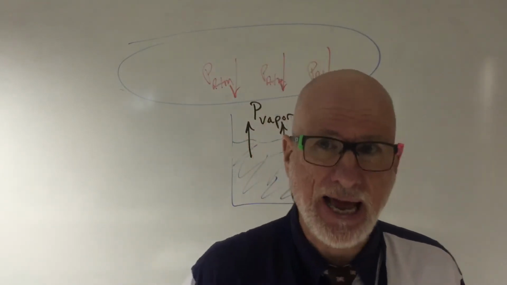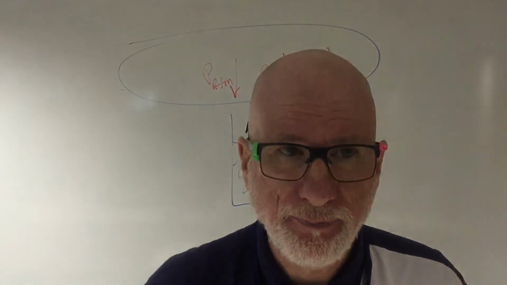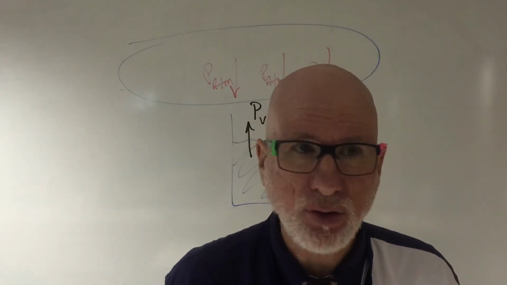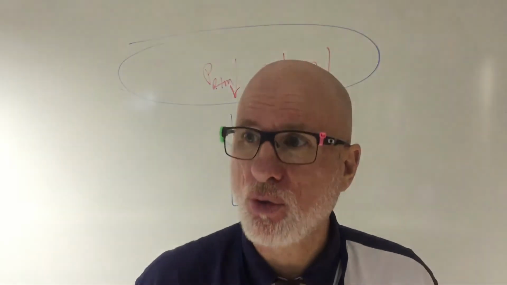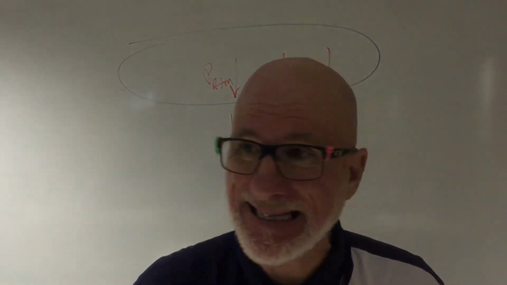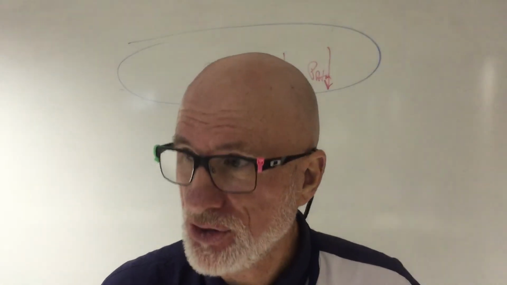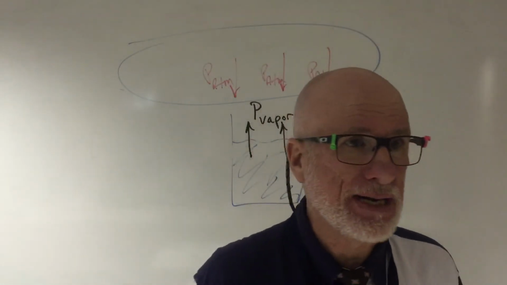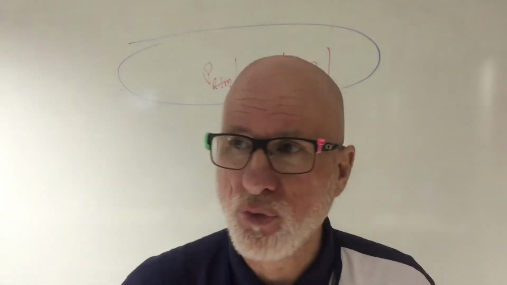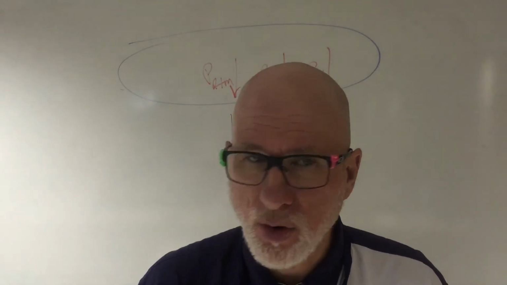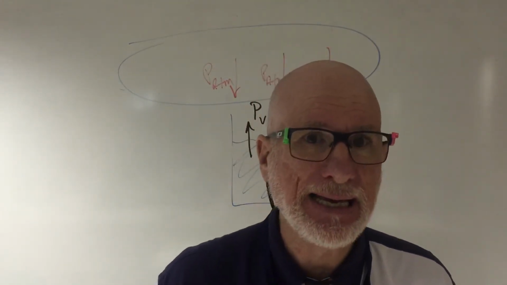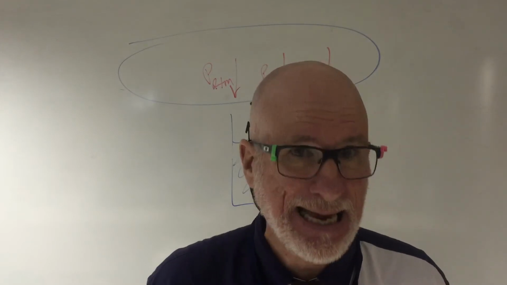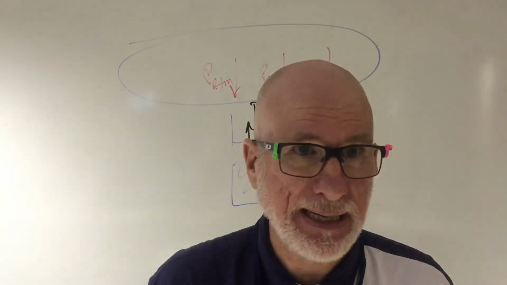So, would you say, yes or no, that alcohol and acetone evaporate to a much greater extent than water at the same temperature? Would you say that's true? Therefore, is the vapor pressure of water greater or less than the vapor pressure of acetone and alcohol at the same temperature, same quantity, everything?